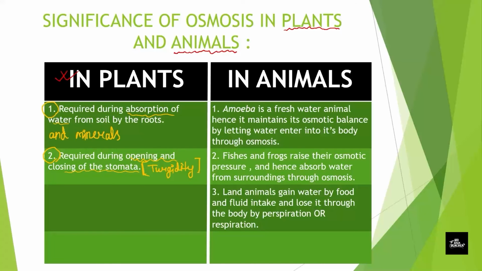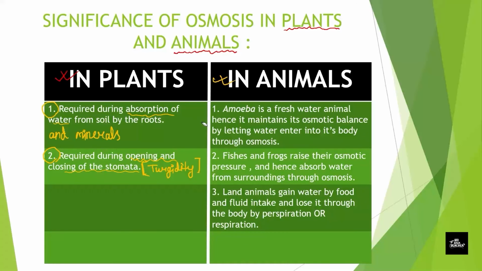Let us look into the significance of osmosis in animals now. Firstly, we have amoeba here. Remember, amoeba is a scientific name, which is why I've written it in italic form. When you write a scientific name in your copy, make sure that you underline that particular word, because it is very important. Let me underline it again so you don't forget.